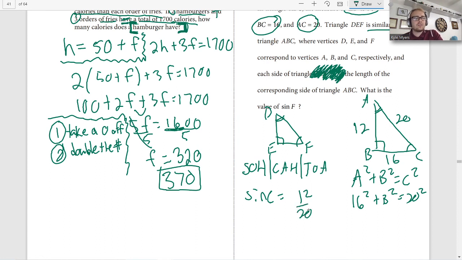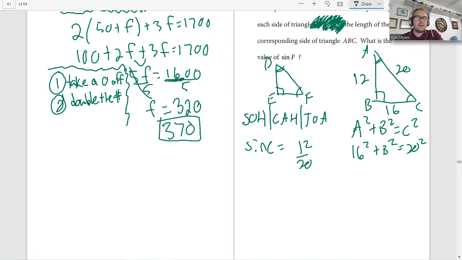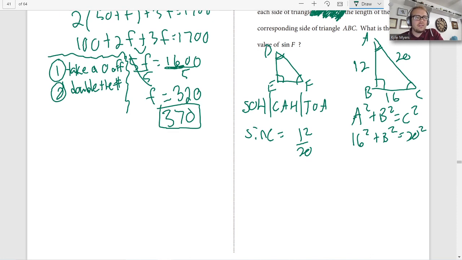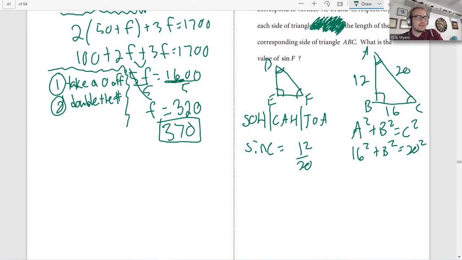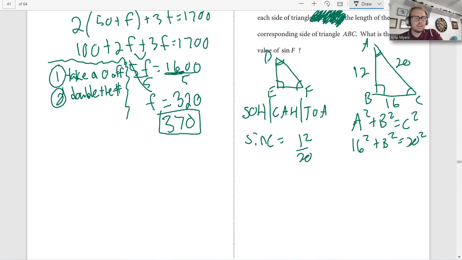Now, if I remember right, you actually don't have to simplify your fractions. I would check on that because I don't know if I'm 100% sure about that one. But I'm pretty sure, I'm like 80% sure that you don't have to simplify your fractions for your answer that you put in the grid. Again, check before you try this out.